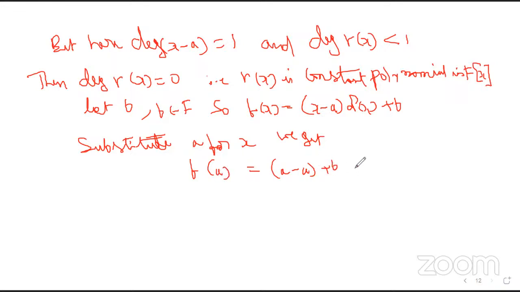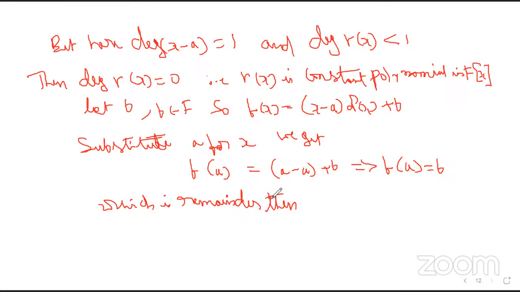Since a minus a is 0, f(a) equals b, which is the remainder when f(x) is divided by x minus a.